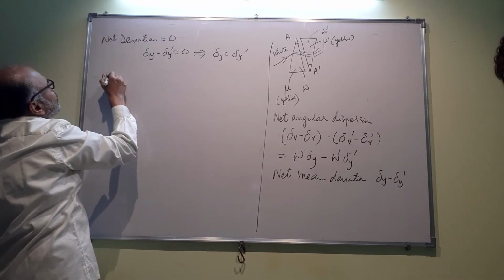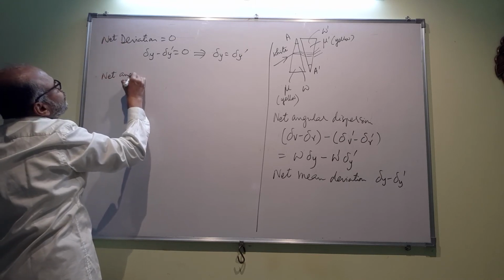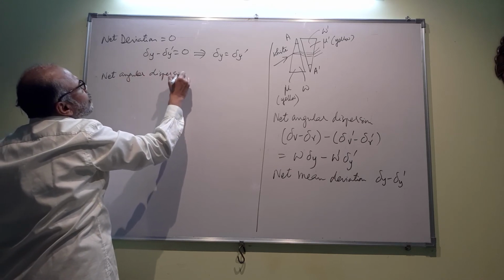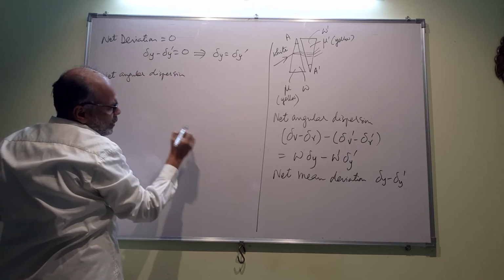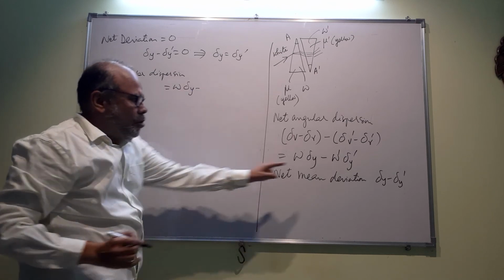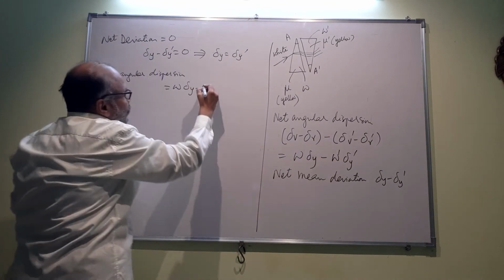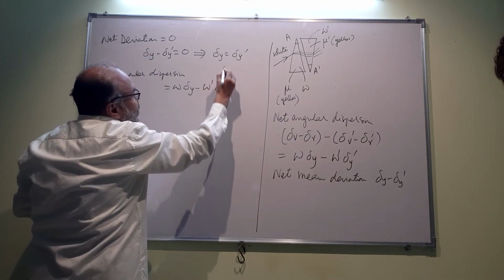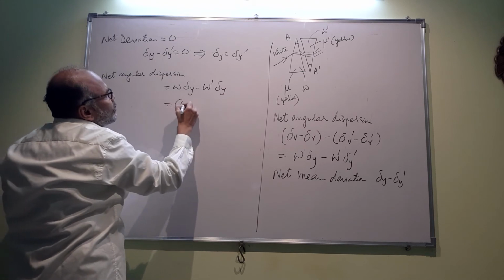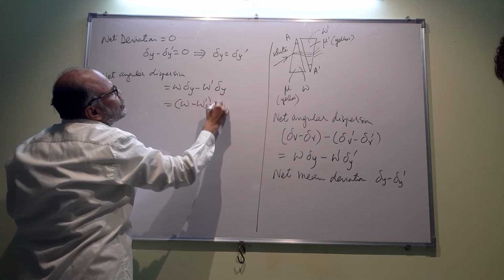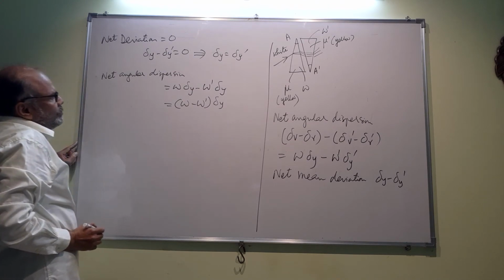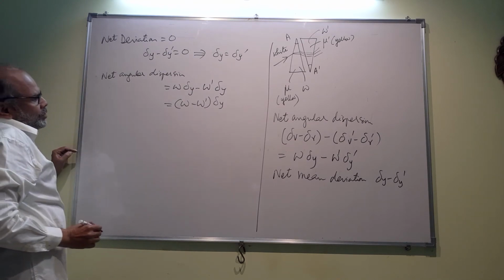So what is the net angular dispersion? The net angular dispersion can now be written as omega del y minus omega dash del y dash. Omega dash del y dash is equal to del y. So this is equal to omega minus omega dash into del y. That will be the net angular dispersion.